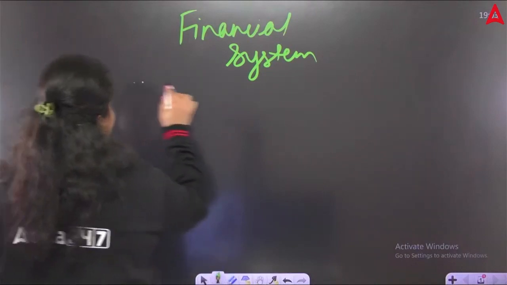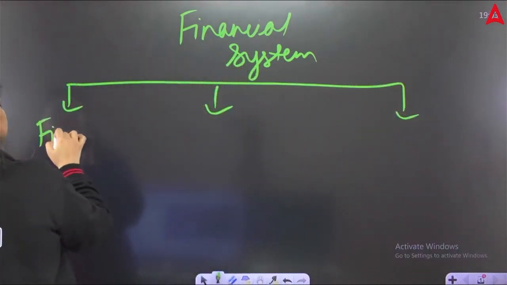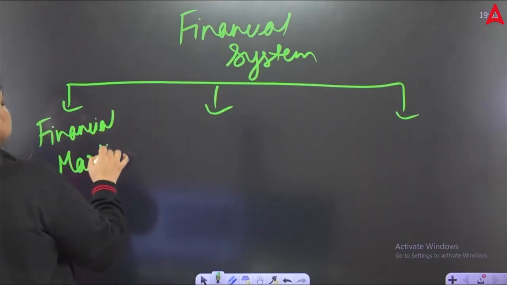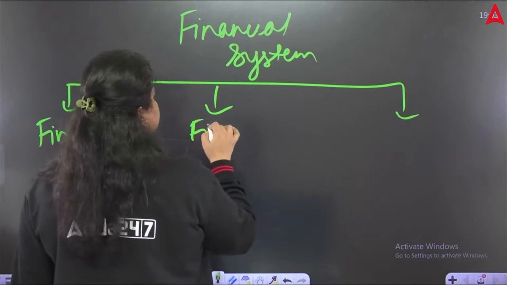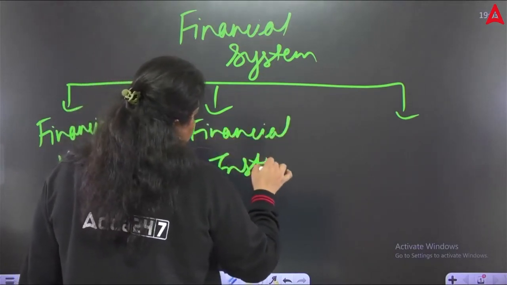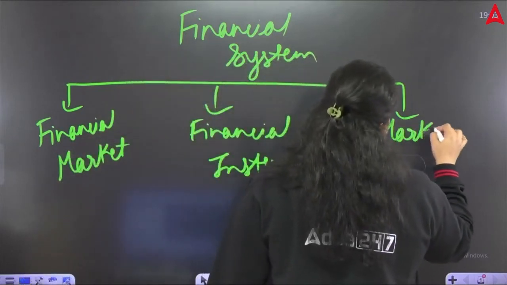The second thing is that the financial system has three components. First is financial market. Second, we have financial instrument. And third, we have market participants.